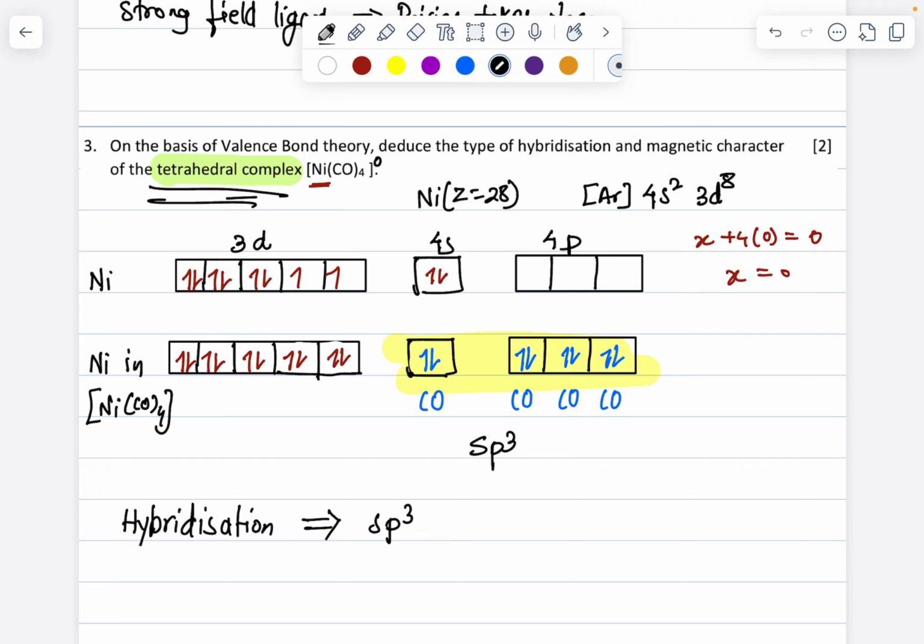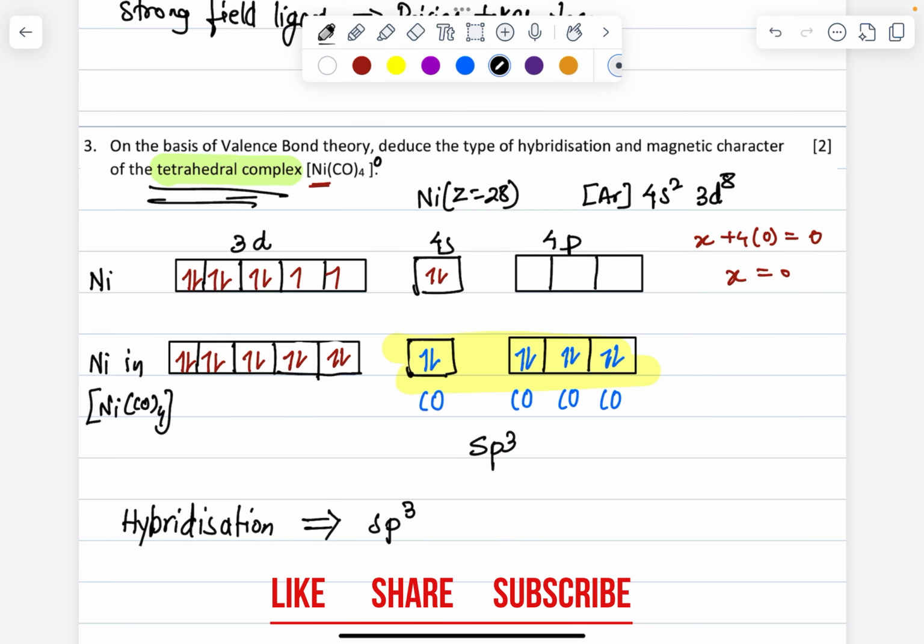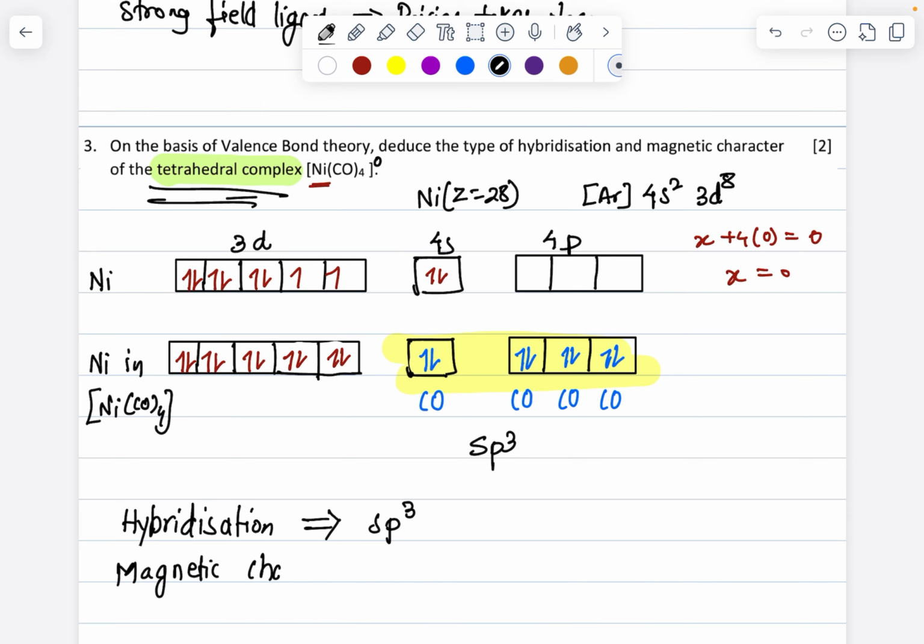Magnetic character: you see that none of the electrons over here are unpaired, all are paired. So the magnetic character is diamagnetic.